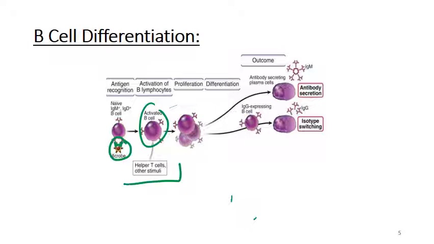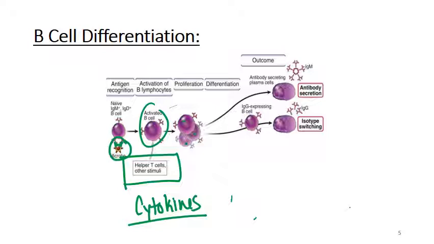If there are some helper T cells around, they're going to contribute cytokines. And those cytokines are basically the marching orders. They're going to tell the activated B cell what it should basically become. The activated B cell will proliferate, and based on the messages it got from the cytokine, it will differentiate.